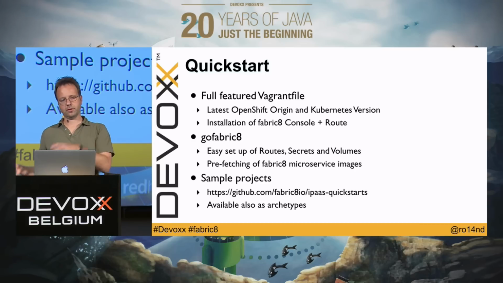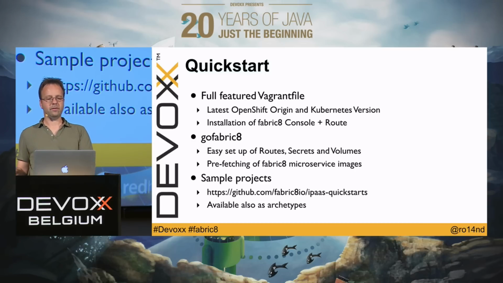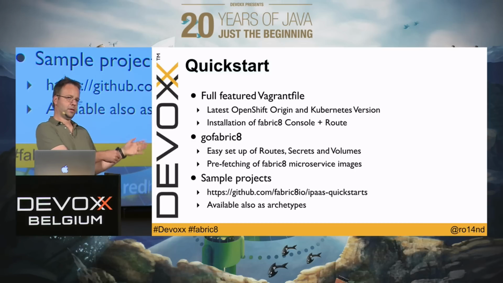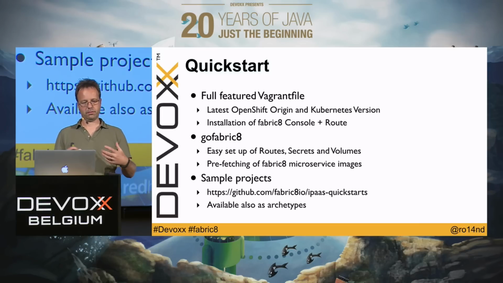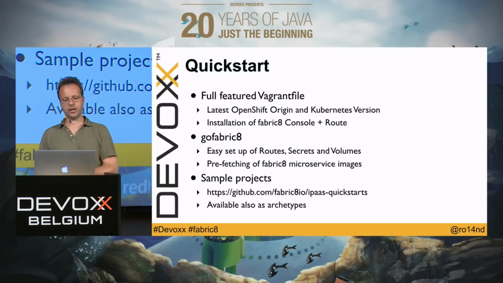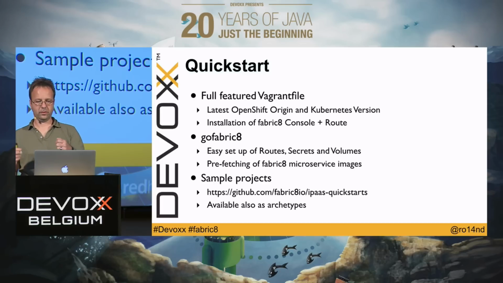There's a small binary called gofabric8, which installs all these services I just mentioned. So you have this Jenkins, this DevOps stuff, and also this Chaos Monkey, which comes as a service. This is installed as Kubernetes and OpenShift objects within this installation, so that you can select it from the UI to create a new application from these templates.